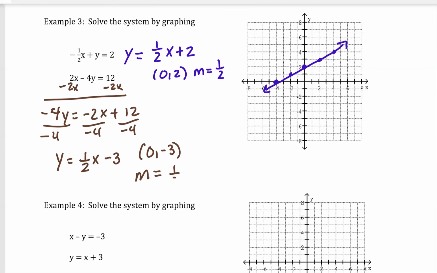And the slope is 1/2. And since they have the same slope and different y-intercepts, they are never going to touch. The lines are parallel. Therefore, we say the system has no solution.